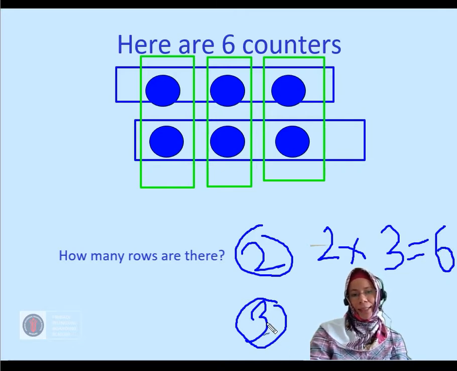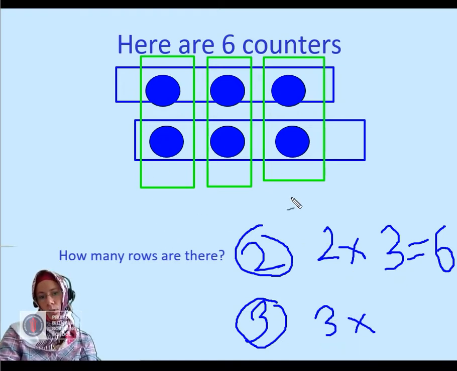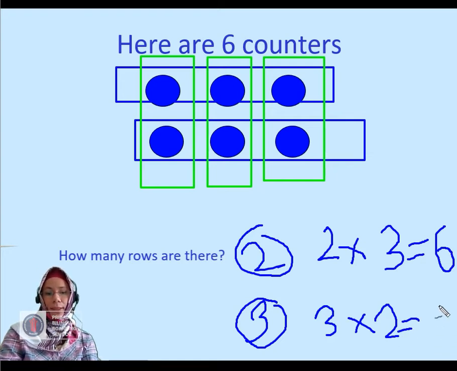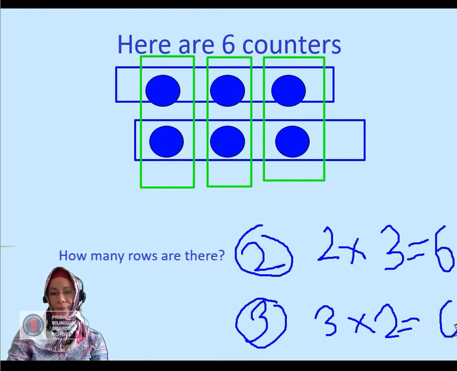So we can use the columns right now. How many columns do we have? 1, 2, 3. The green one, 3 times. How many in each column? 2, right? All columns are 2. So 3 times 2 equals 6. Okay, did you get it? That's great.